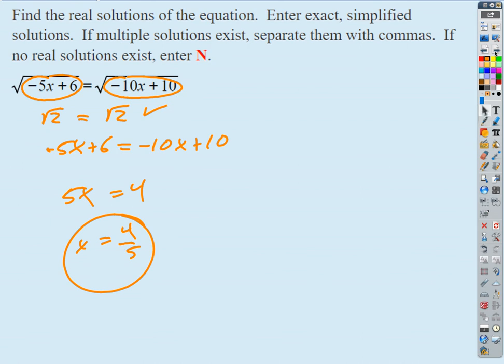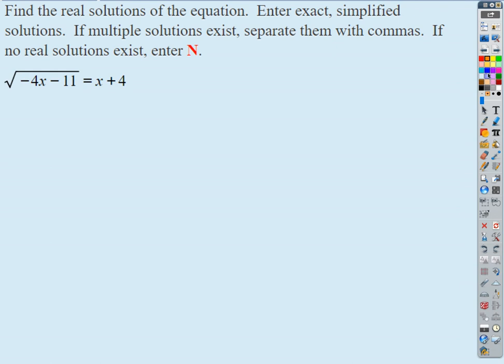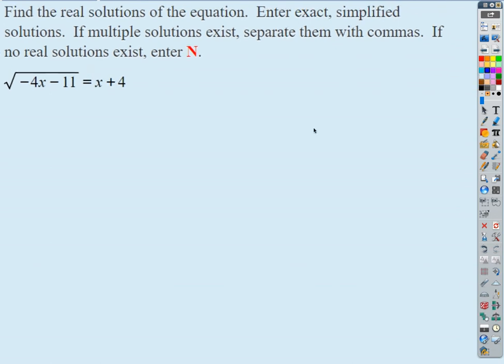Okay. How about this one? Square both sides. So we cancel the radical, we get a negative 4x minus 11 equals what?